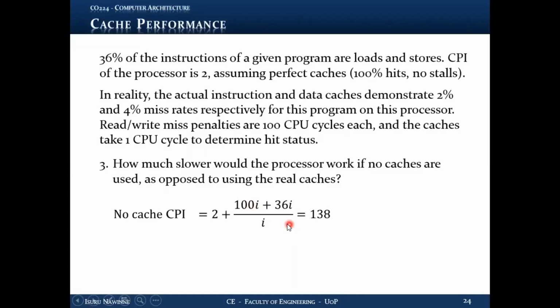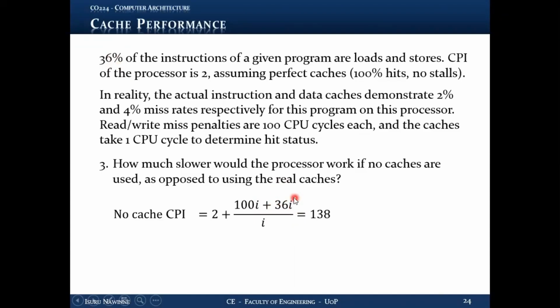And 36% of those instructions are going to be loads and stores, and for those loads and stores, you spend 100 clock cycles, right? So for the fraction of instructions that are loads and stores, 36%, you are spending 100 clock cycles. So 0.36 times 100, that is 36 cycles, right?